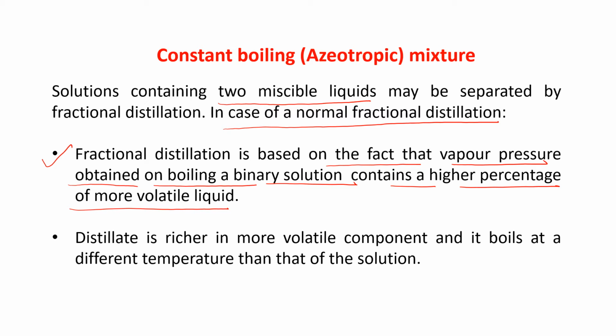If we want to separate two miscible liquids, then the more volatile liquid comes out first. So the vapor obtained by fractional distillation, on boiling a binary solution, naturally contains a higher percentage of the more volatile liquid.